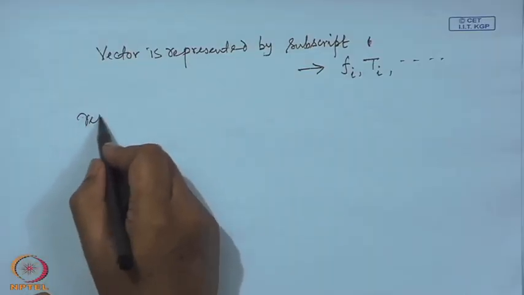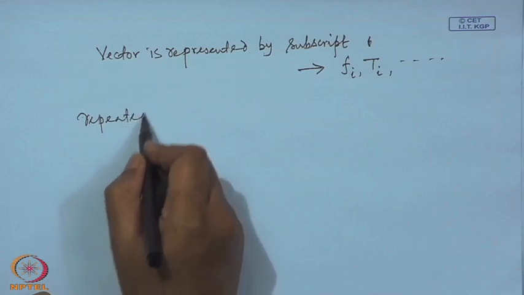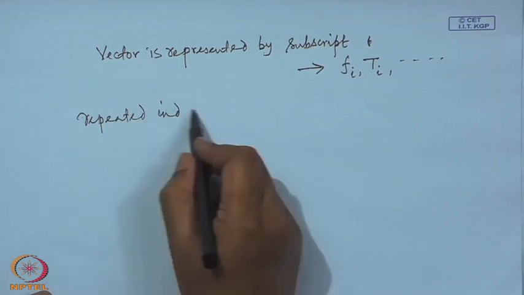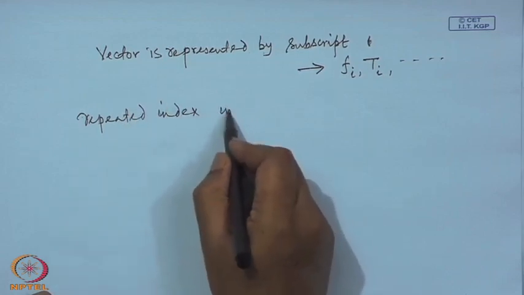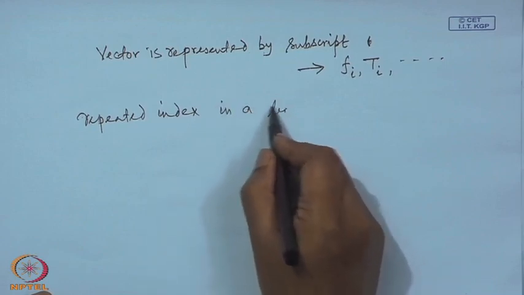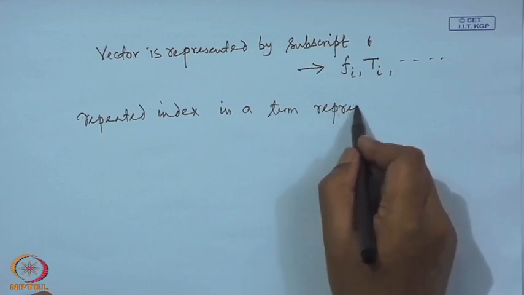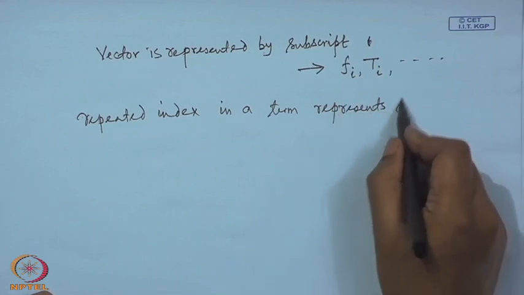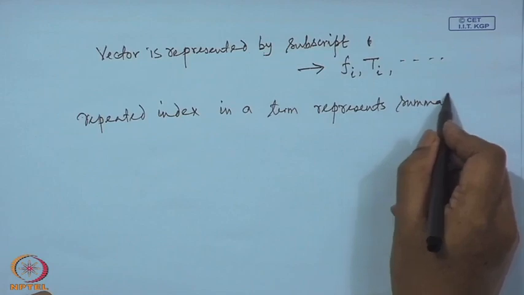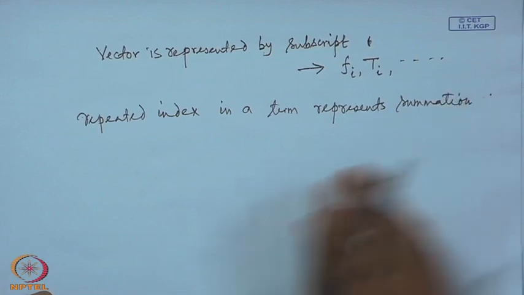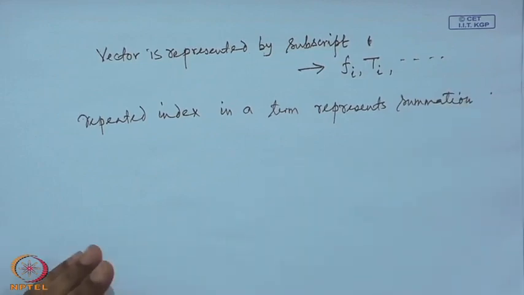If an index is repeated in a term, it represents summation, and no sigma sign is required.